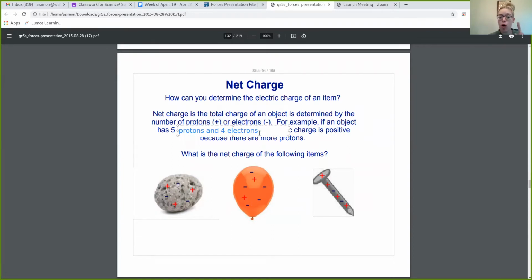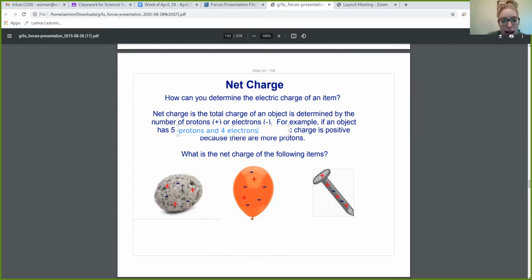Because I have 1 more proton than I do electrons. Just like when we were finding net force, we subtracted, we're going to subtract when we are finding net charge. We subtract our 2 numbers, and that tells us what our net charge is going to be and whether it's going to be positive or negative.